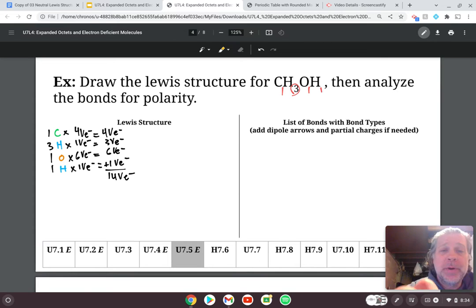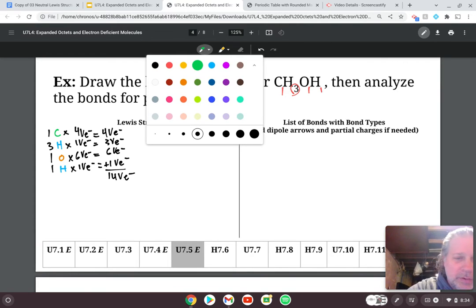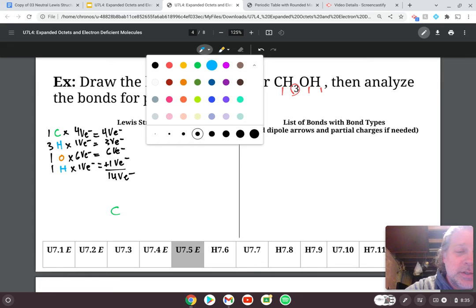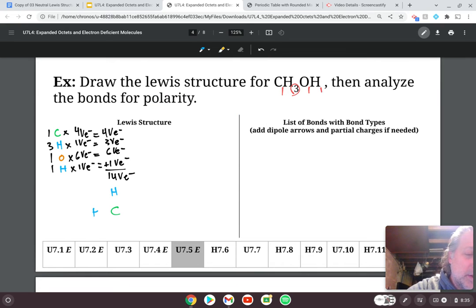So I'm going to start with carbon as my central atom. So here it is, carbon. And I'm going to read the compound from left to right. So carbon has 3 hydrogens, 1 oxygen, and then there's another hydrogen. So what that tells me is that to the carbon for sure, 3 of those hydrogens are bonded directly to it. And then there's an oxygen.